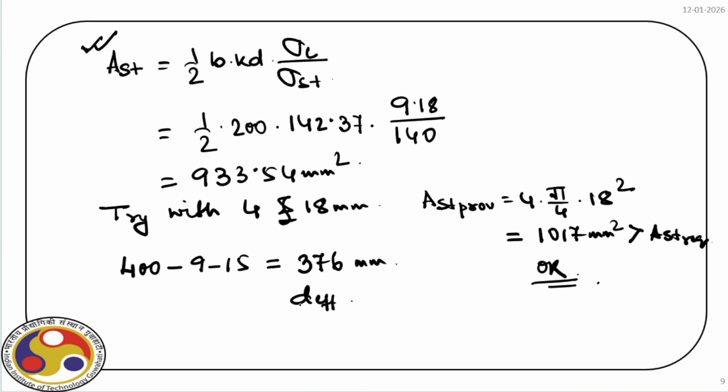In all our calculations, we have used 375 as the D effective, so it should be okay.